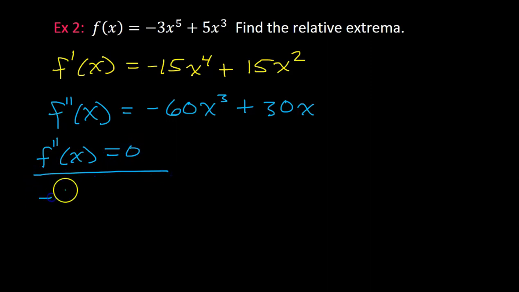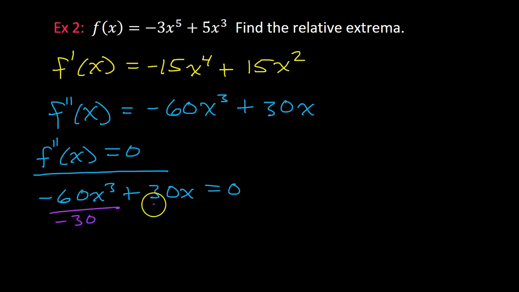So setting this equal to 0, we notice that both terms are divisible by 30. So we might as well simplify this by using that. So let's divide both sides of the equation by 30. I don't know why I did put a negative right there. Didn't really mean to do that. I'll just go ahead and leave it like this.